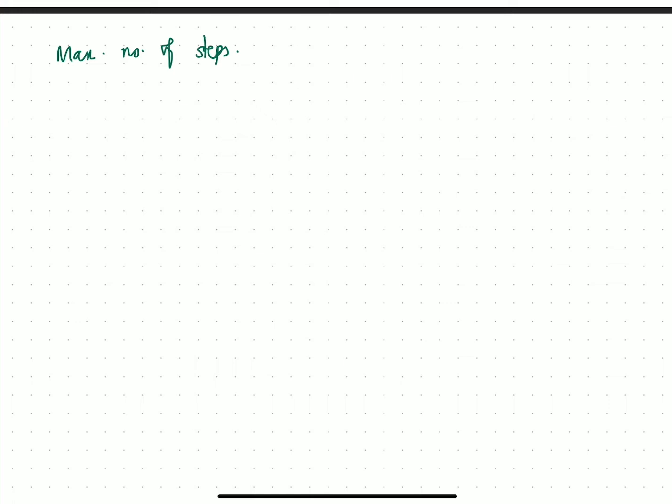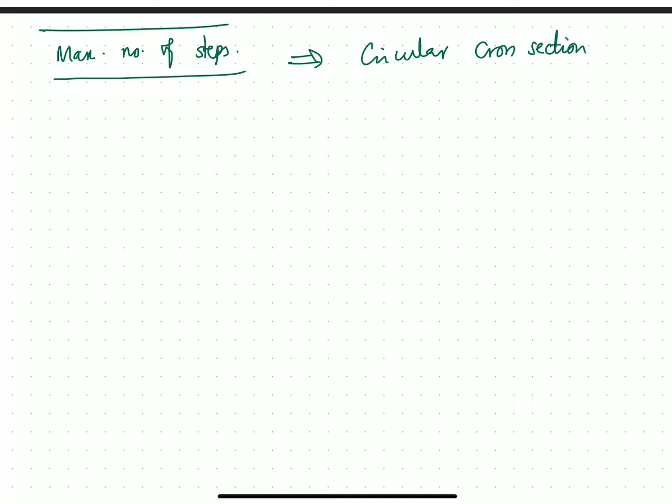When you put the maximum number of steps in this stepped core, you can easily approximate the circular cross section, and because of this you can use circular coils over it. This circular cross section or the stepped core is also known as the cruciform core. We have talked about this in the previous lecture, cruciform core.